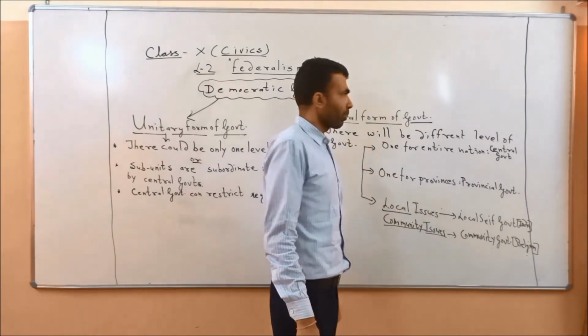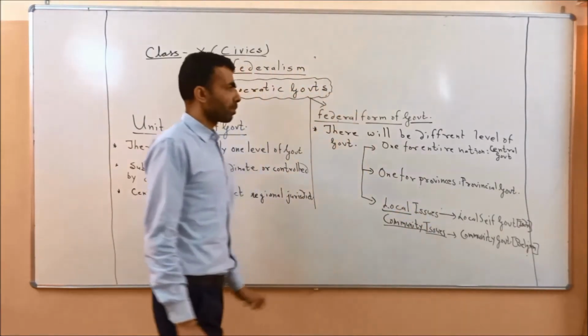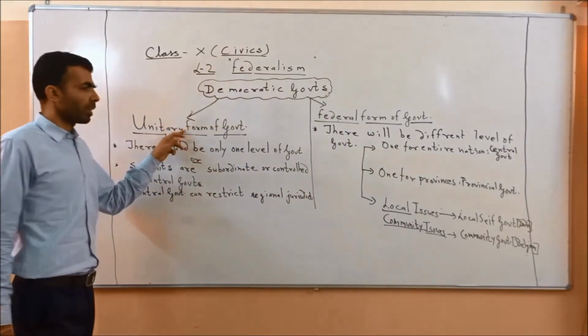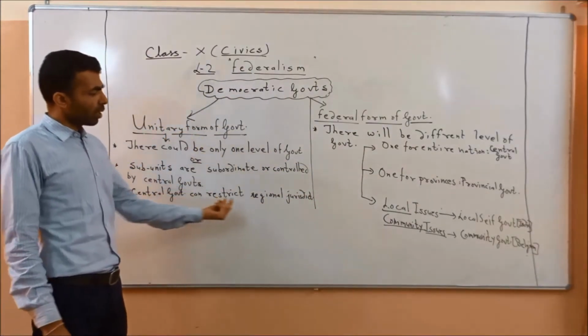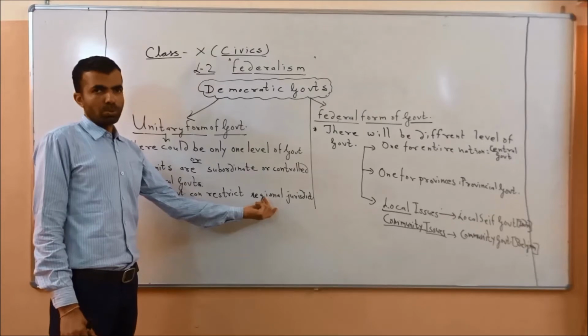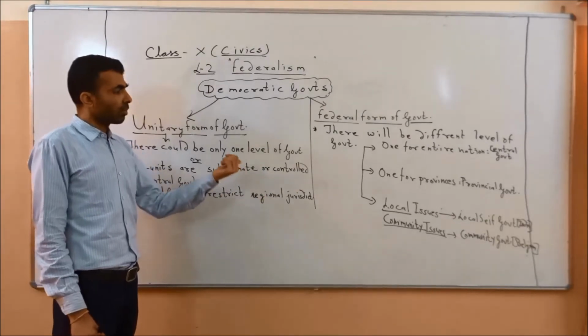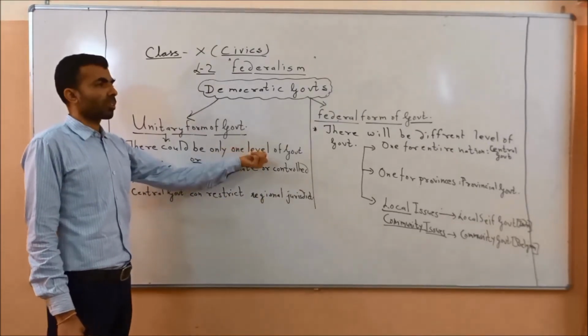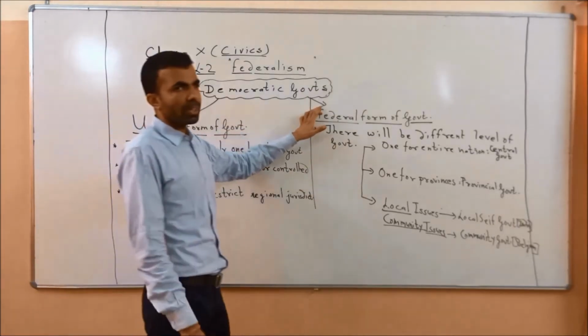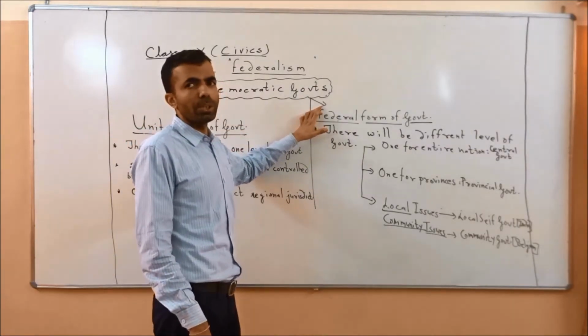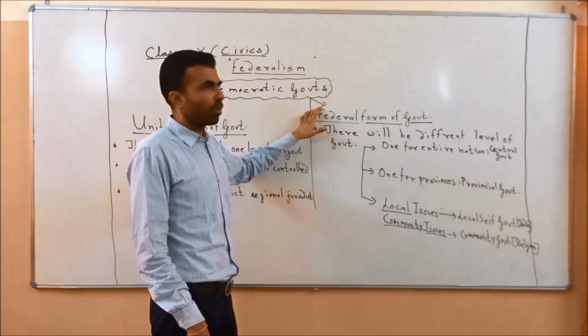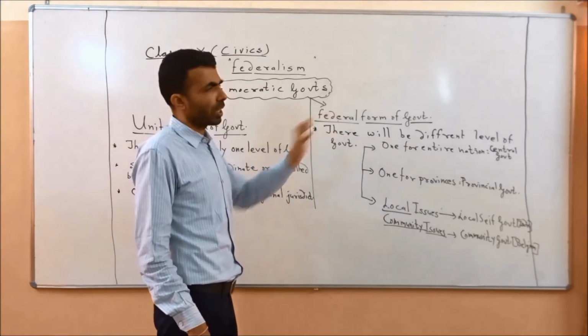So you see that in the unitary form of government, there has been tight control over regional issues, or they are dealt with only by the central government. But in the federal form of government, sufficient space is provided for different issues, and a different set of government is there.